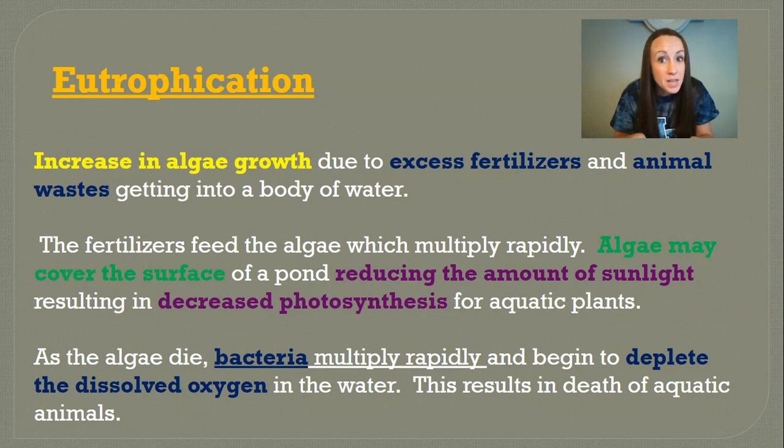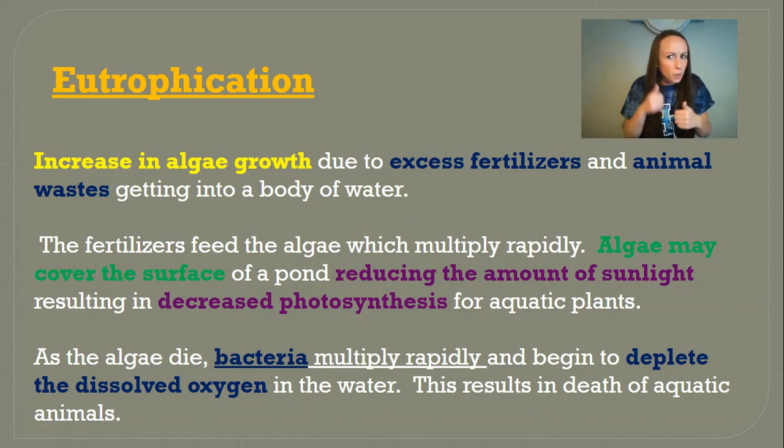And then the bacteria in the water are like, score, dead plants. And they just start eating and eating away at all that dead plant material. Now, what's bad is that this bacteria, they're living, right? And they require that dissolved oxygen. So the bacteria populations start to get bigger and bigger in number, and they start taking all of that dissolved oxygen that the fish need.